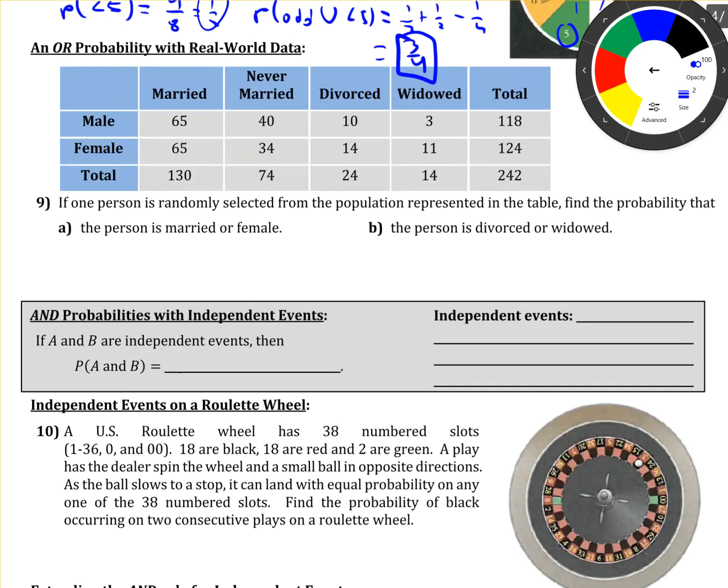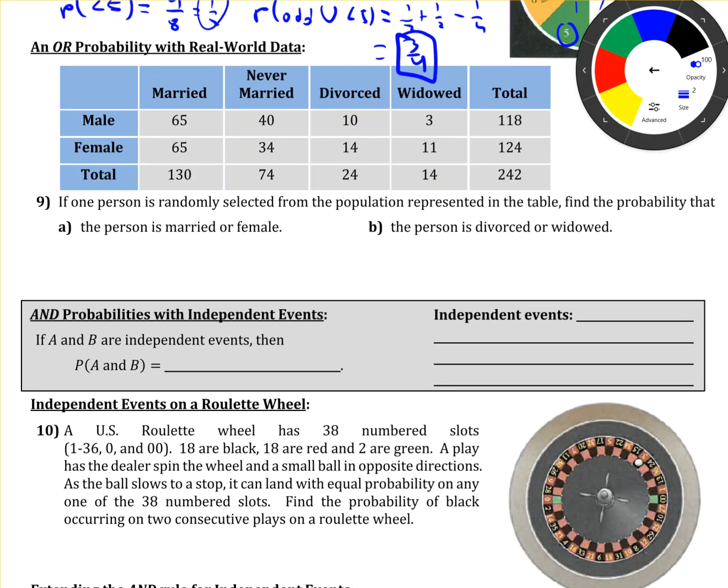If one person is randomly selected from the population represented in this table, find the probability that the person is married or female. So married, we have 130. Female, we got 124. So the probability of married is equal to 130 out of 242.